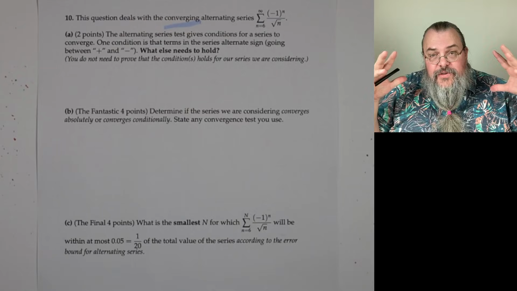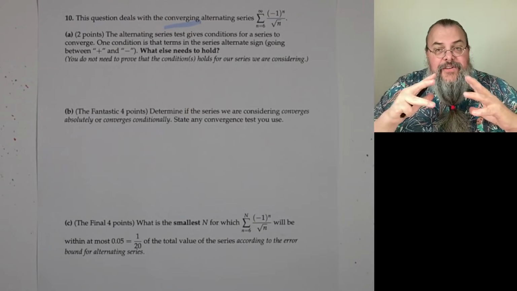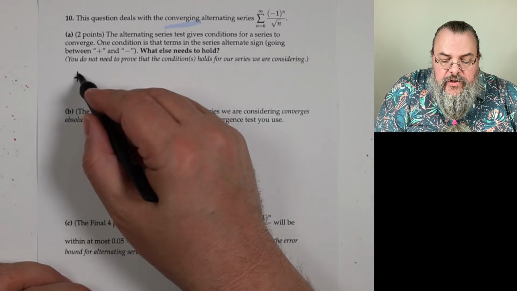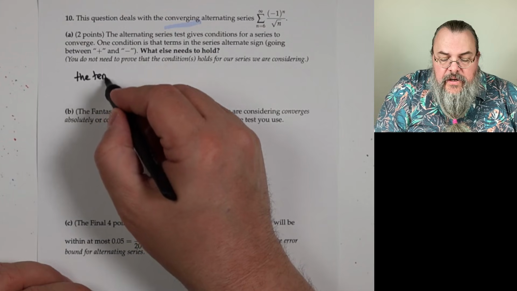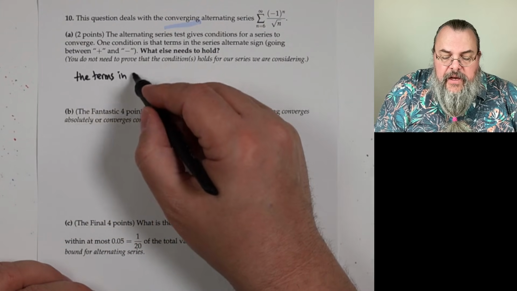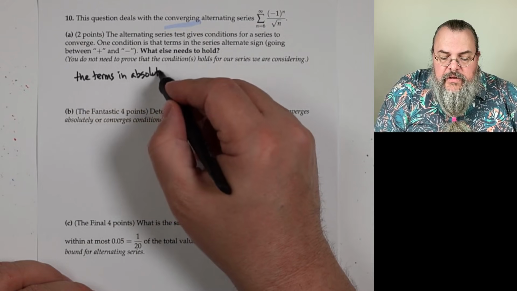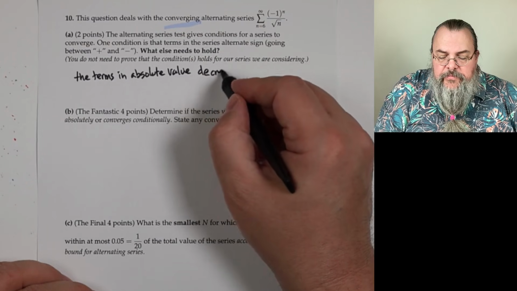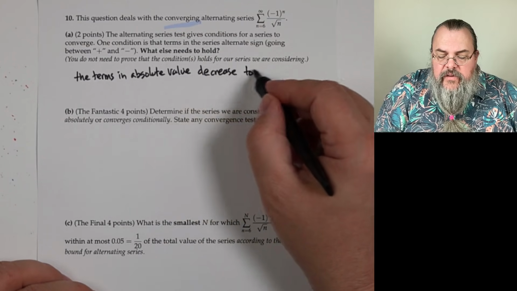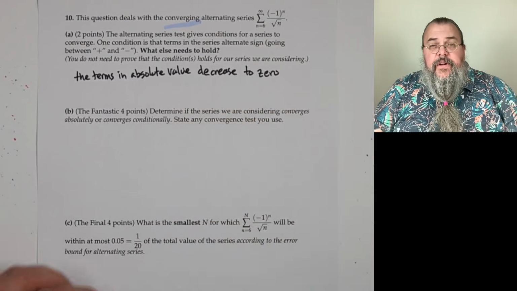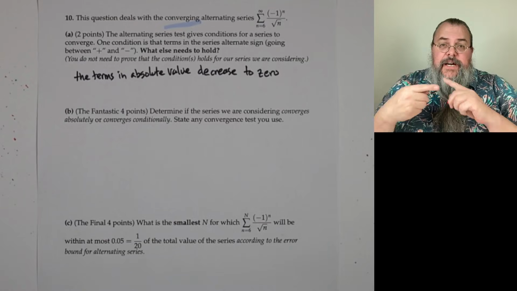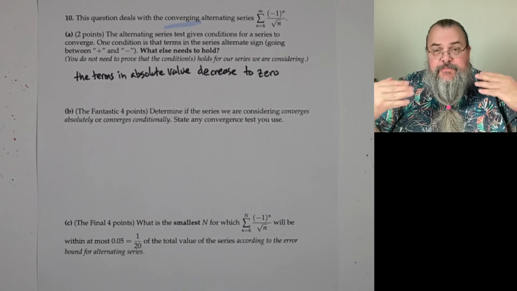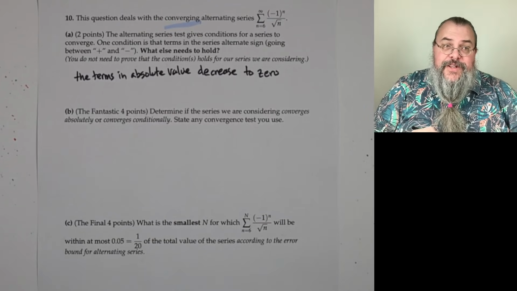It's not enough to just get smaller. It has to go to 0. So the terms in absolute value decrease to 0. There's a lot of ways to say that, and essentially there are 2 important things to bring up: you're going down, and you're going to 0. As long as you capture both those flavors, you would have gotten full points on this one.